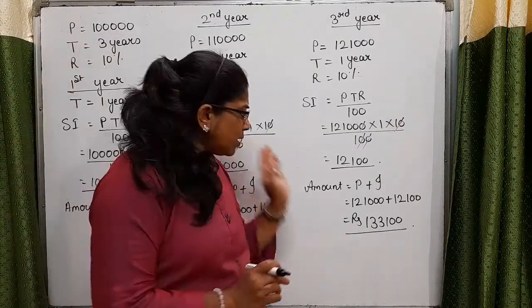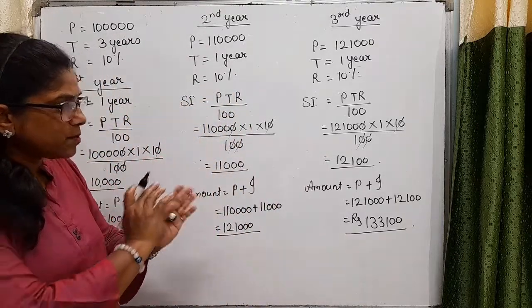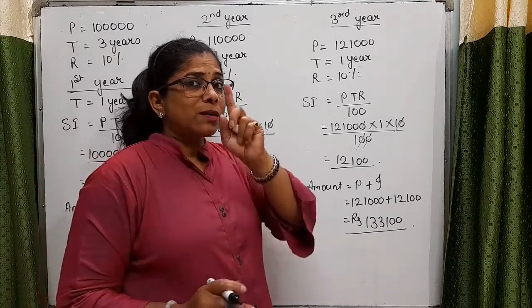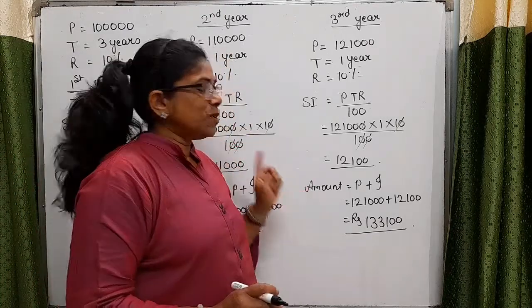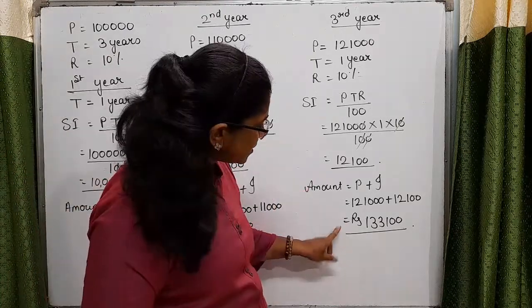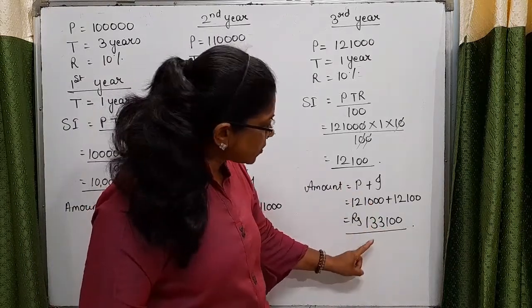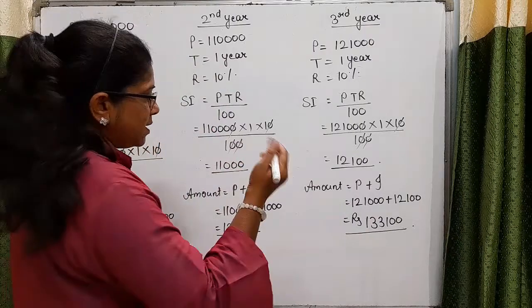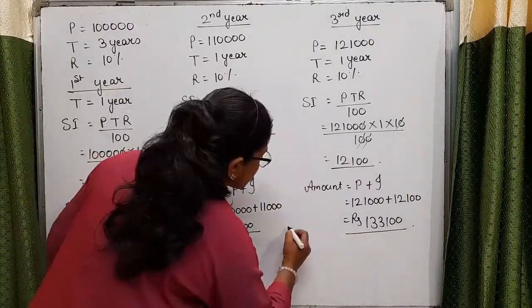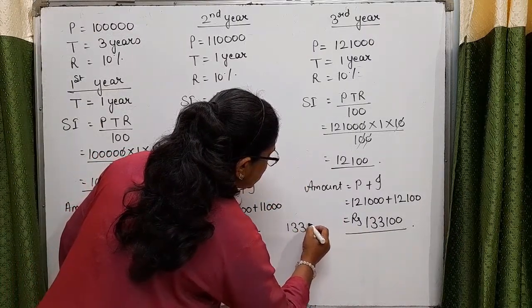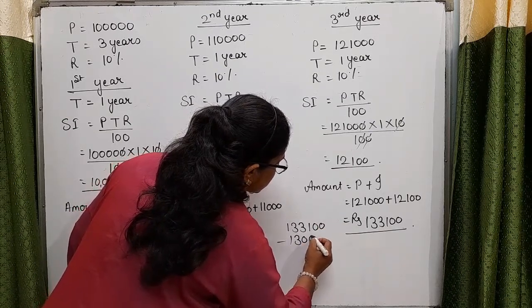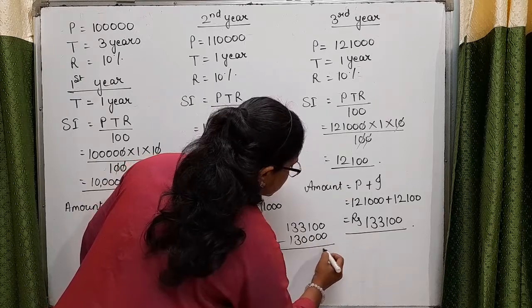What was our simple interest? If interest is calculated by the simple interest method, the amount to be paid was 1,30,000, right? It was 1,30,000 and here it is 1,33,100. So what is the difference here? Let's check the difference also. 1,33,100 minus 1,30,000.